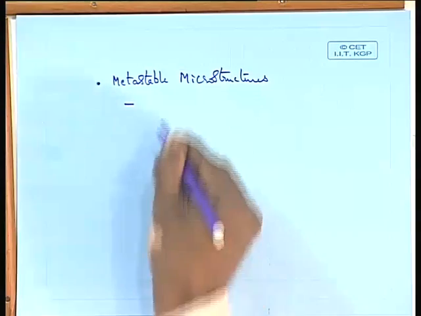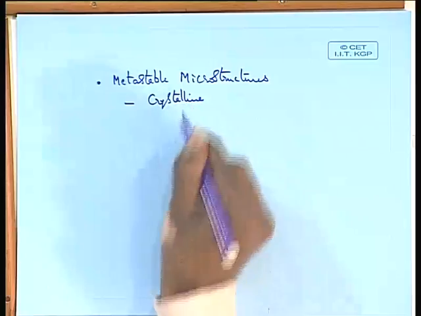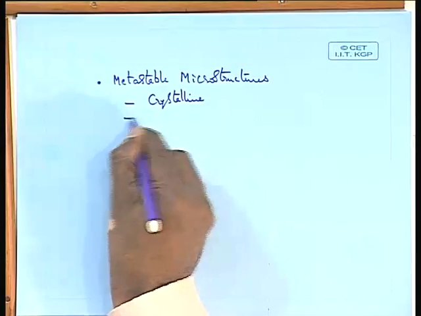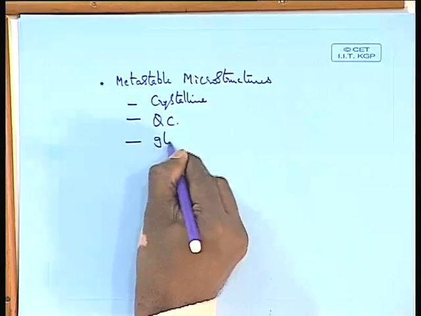They can be metastable crystalline microstructures, there can be quasicrystalline, there can be glasses.